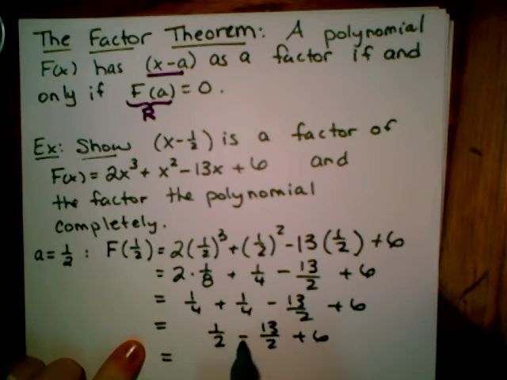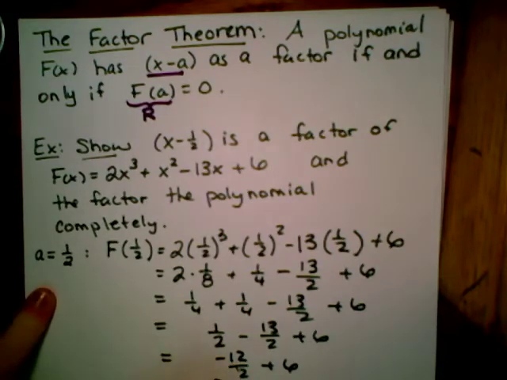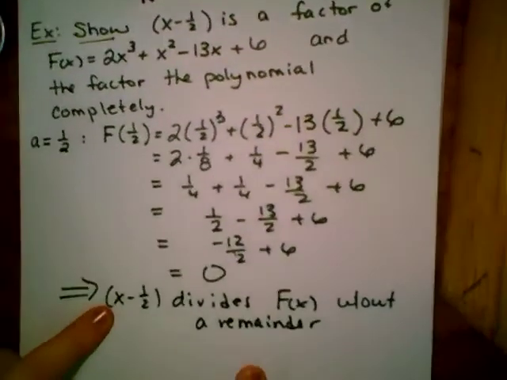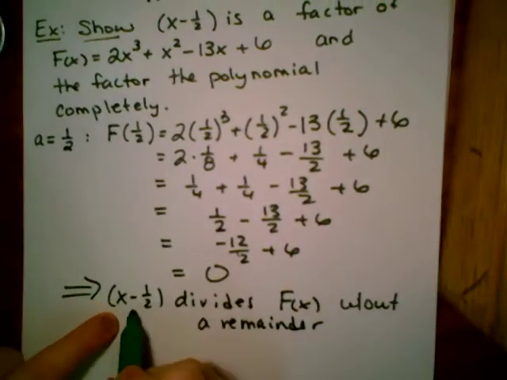And 1/2 minus 13/2 is negative 12/2. And I think we have negative 6 plus 6, 0. Okay, that means x minus 1/2 divides f of x without a remainder. This means that x minus 1/2 is a factor of f of x.